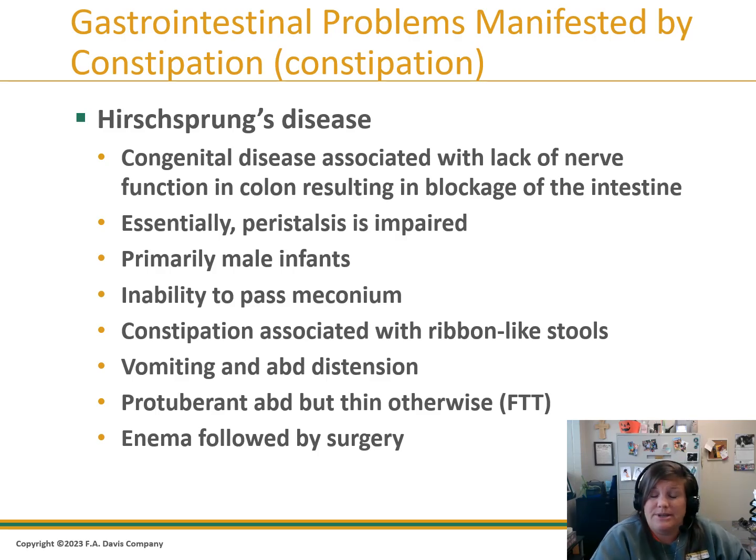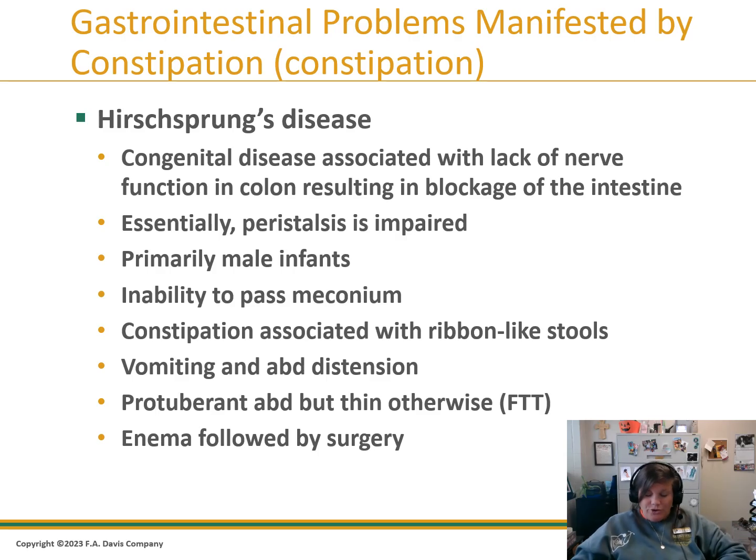These babies will typically exhibit vomiting. They'll have an abdomen that is distended. So these babies have an appearance in which they have the protuberant or distended abdomen, but thin extremities. And if you remember previously, we talked about when a baby was like that, the possibility was pyloric stenosis.